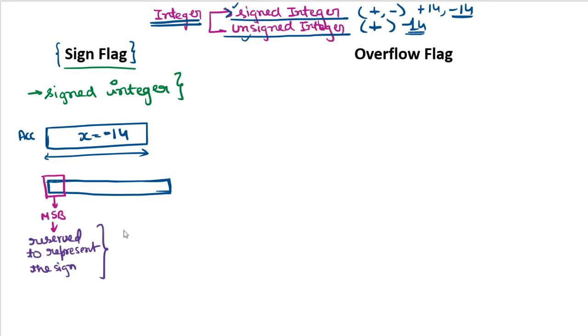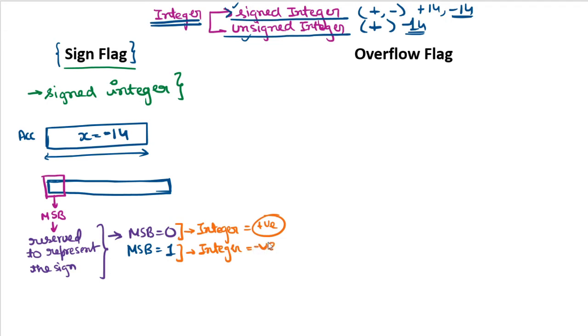And how is it put? Whenever the most significant bit is 0, it means that the integer is positive. And whenever the most significant bit is 1, this means that the integer is negative.